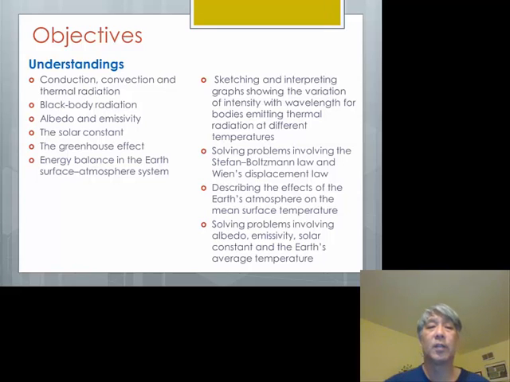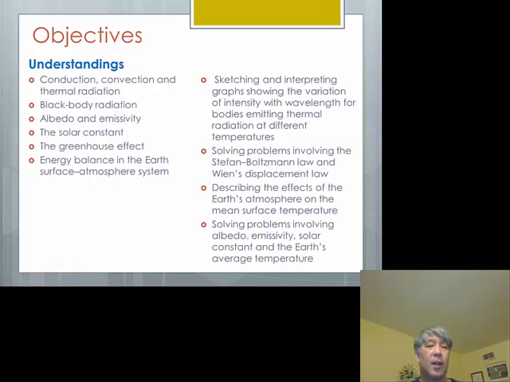Okay, so under understandings, we did touch on these briefly in topic 3 when we talked about thermal energy. And then we're going to go into 3 aspects that I consider to be largely in the realm of astrophysics. The concept of blackbody radiation, however, applies here on Earth, and it describes how anything with a temperature basically radiates electromagnetic energy in the form of heat.